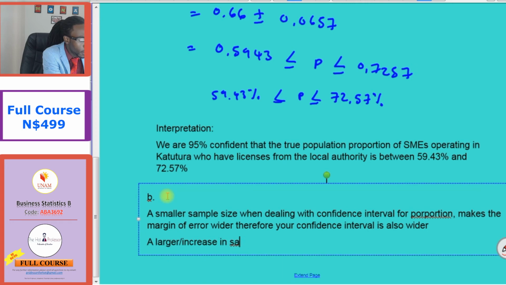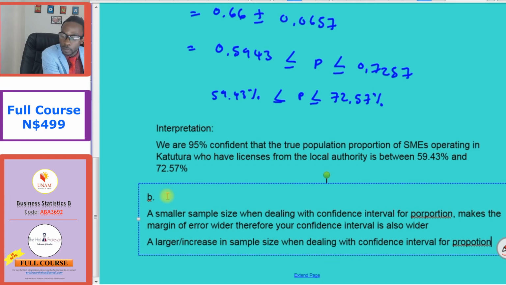Right. So you can also have a larger, meaning if you increase in sample size, again when dealing with confidence interval for proportion, right? As this word proportion is tough, proportion, okay?